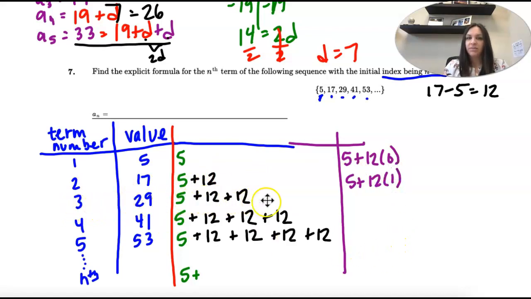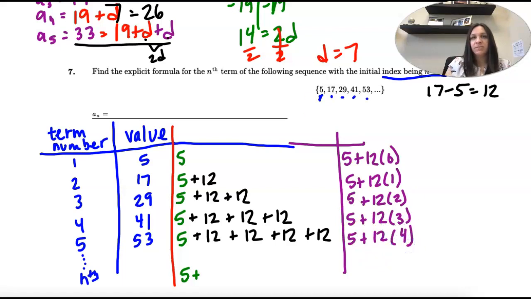Right here, third one, I have 5, and I'm adding 2 12s. Fourth one, 5, I'm adding 3 12s. Do you see a pattern? I'm adding 4 12s. So this number is going up by 1 every time.